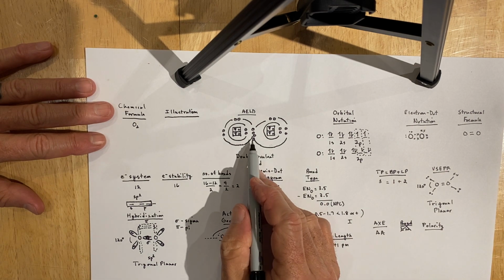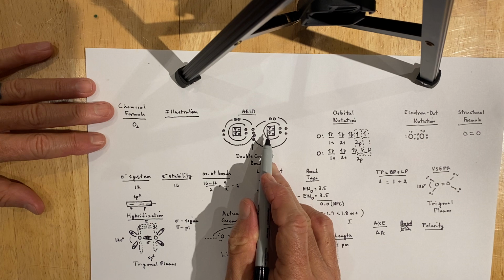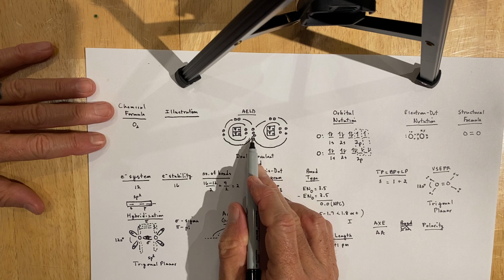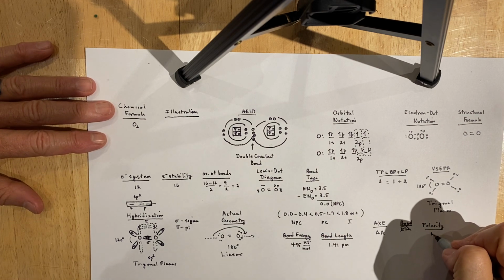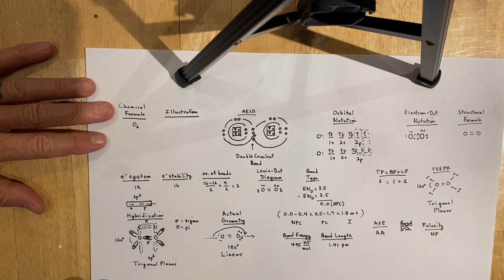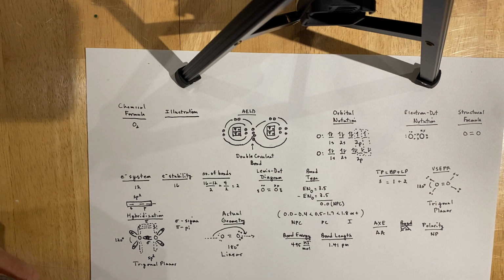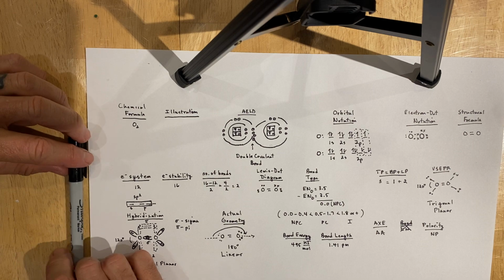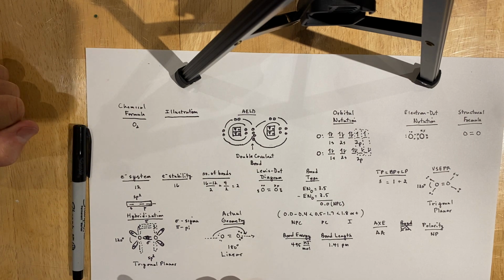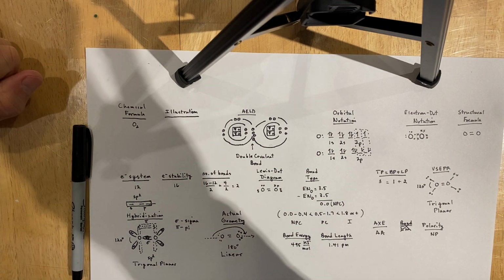Since you have electrons that are shared equally between the two atoms, we're going to refer to this bond as nonpolar, and thus the molecule itself is nonpolar. The bond is nonpolar covalent, as we've already noted, and the molecule is nonpolar. So that is the molecular geometry of oxygen. The next molecule we're going to look at is hydrogen fluoride.